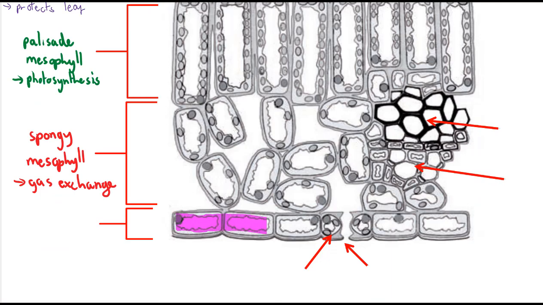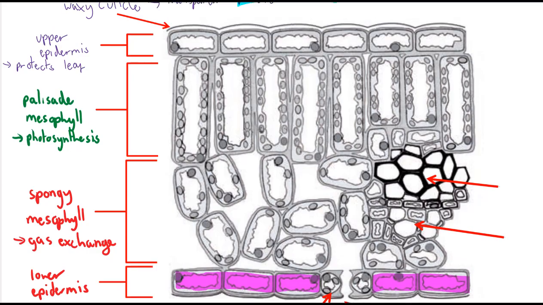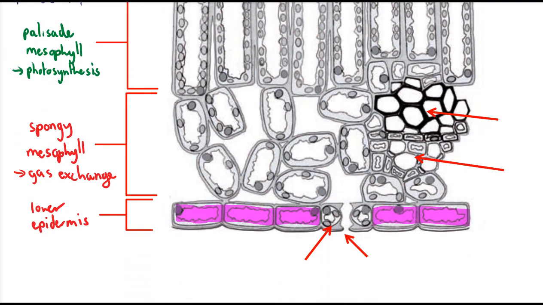Moving on, the next layer is this, which is the lower epidermis, and like the upper epidermis, it just protects the leaf, but it also has two other little structures in it. It has these little cells here, which are known as guard cells.